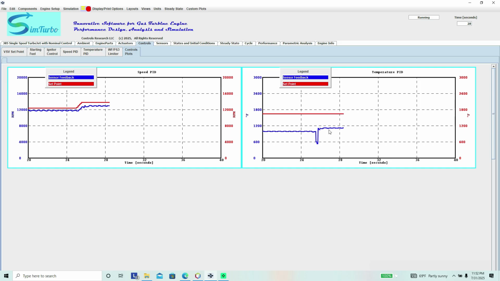It's pretty stable below the set point or limit, and you can see that the speed is changing. The set point is changing, and the feedback speed is following.